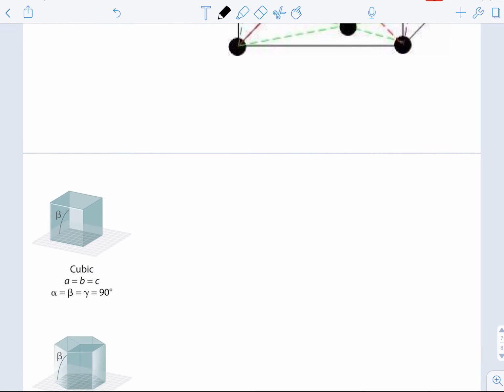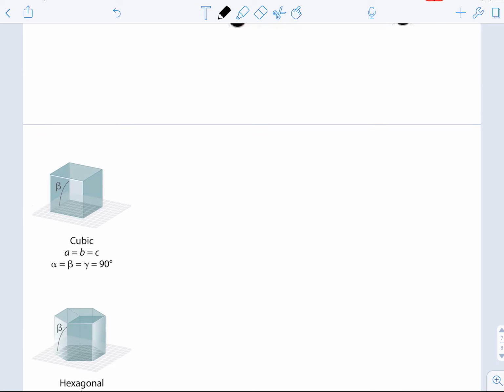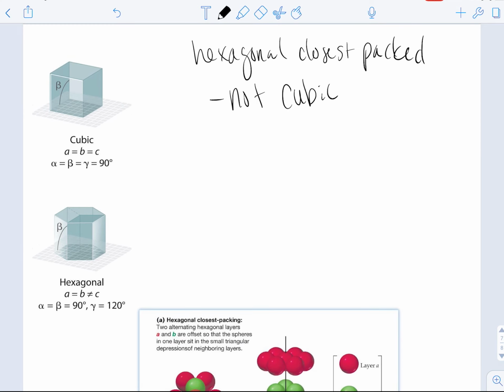And last but not least is our hexagonal. Hexagonal closest packed is not a cubic unit cell. So here is what a cubic cell looks like. It has A equals B equals C, alpha equals beta equals gamma being 90.